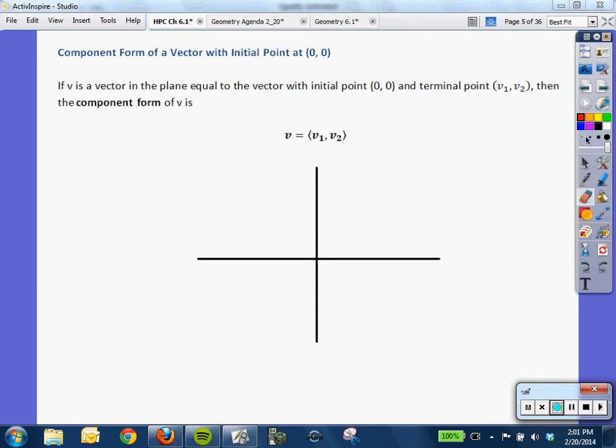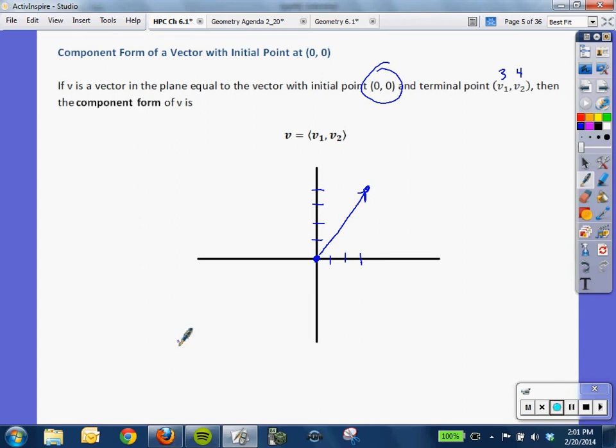So let me give you a quick example here. Say we have the initial point at 0, 0 and the terminal point at 3, 4. Then we would have the terminal point out here at 3, 4. And we would go from the initial to the terminal like so.